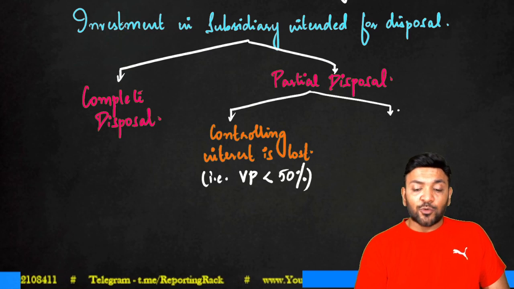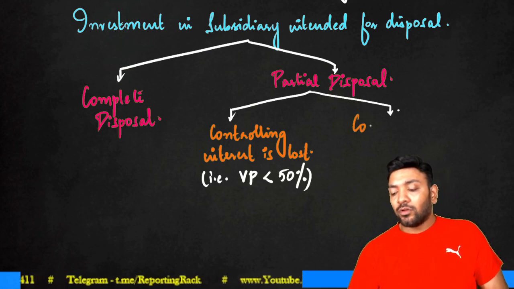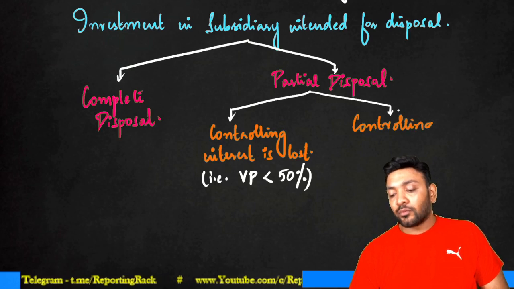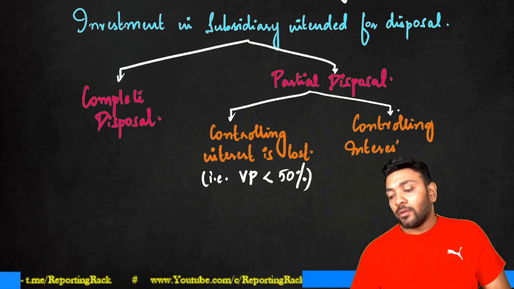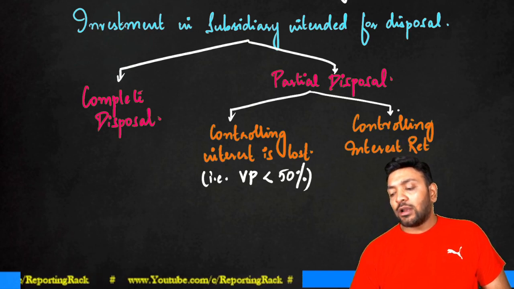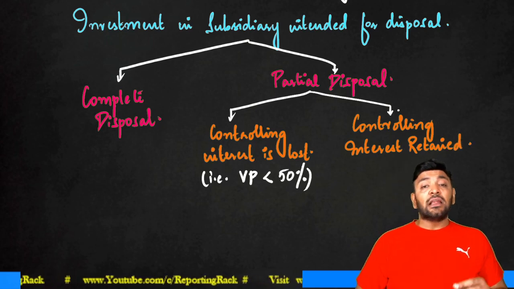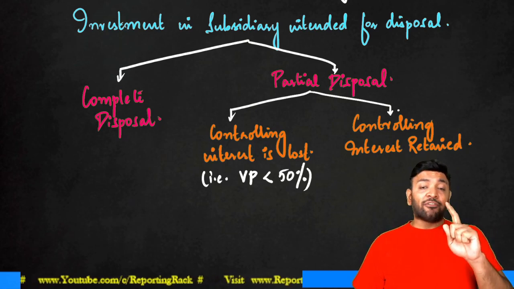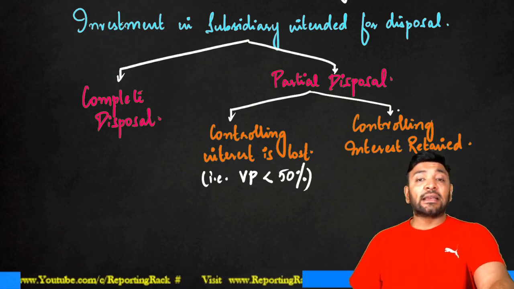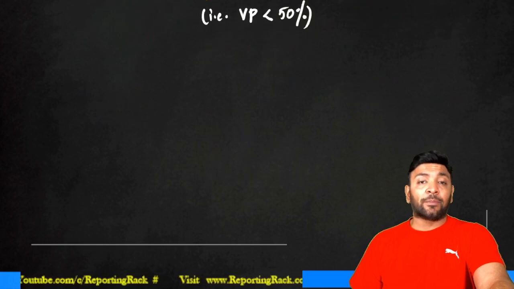Or partial disposal where controlling interest is retained. What do you mean by controlling interest is retained? That means even after the disposal, the shareholding in the subsidiary is still more than 50%. Therefore, controlling interest is still retained in that particular enterprise.